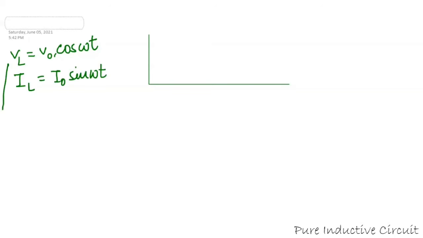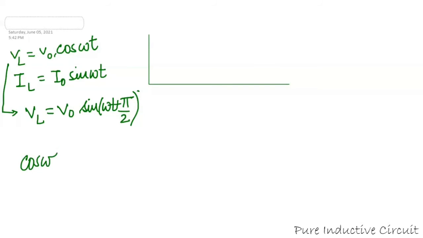And we can write VL as V naught sine of omega t plus pi by 2, because cos of omega t equals sine of omega t plus pi by 2. Therefore, now we can draw the graph of VL and IL.